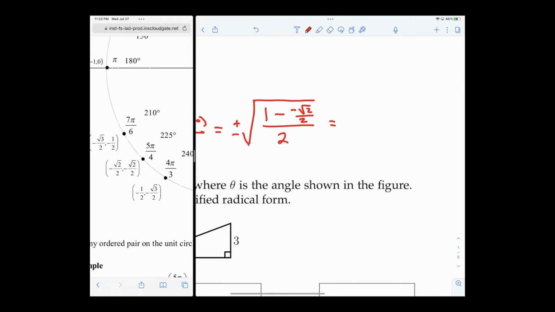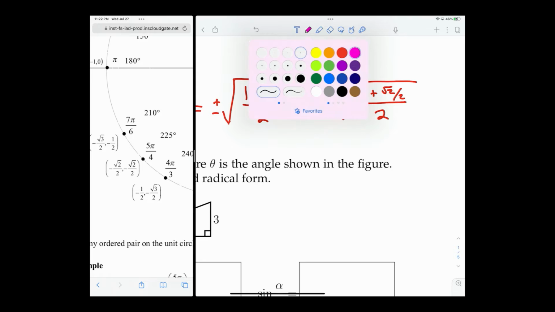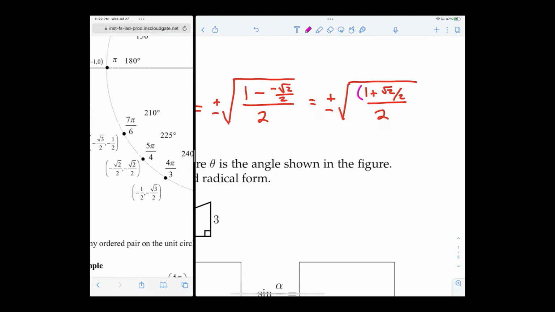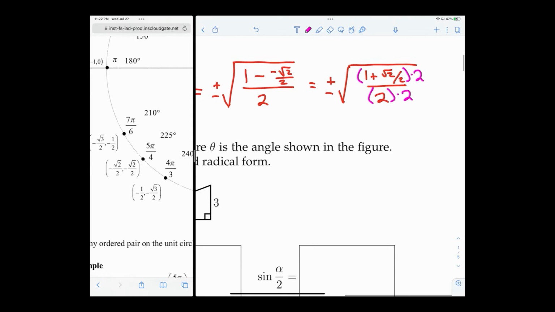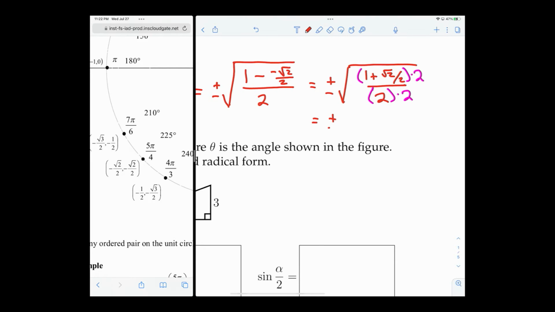So this is, again, plus or minus. We haven't talked about that. 1 plus square root 2 over 2, all over 2. That's the value. This can be simplified. The easiest way is to multiply everything in the top by 2, and also multiply the bottom by 2. You wouldn't be changing the answer because you're doing the same thing to the top and the bottom.